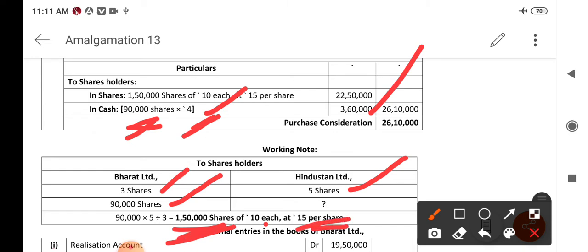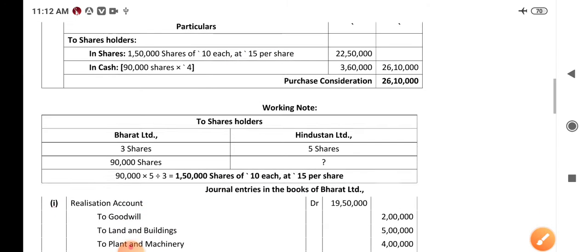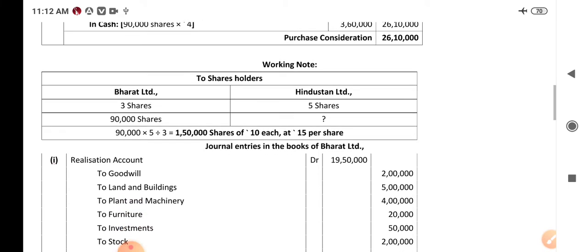Here 1,50,000 into 10, that is 15 lakh will be transferred to share capital and 1,50,000 into 5, so that is 7,50,000 will be transferred to securities premium. ಇಲ್ಲಿ ಅದನ್ನು ನೋಟ್ ಬರ್ಕೊಳ್ಳಿ, 15 lakh share capital and 7,50,000 securities premium, and total settlement made in the form of equity shares is 22,50,000. 1,50,000 shares of rupees 15 each. What's the total purchase consideration given? 26,10,000. So it is paid partly in the form of cash and partly in the form of equity shares, right?